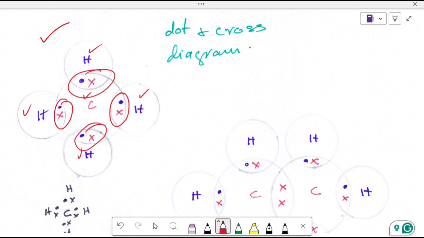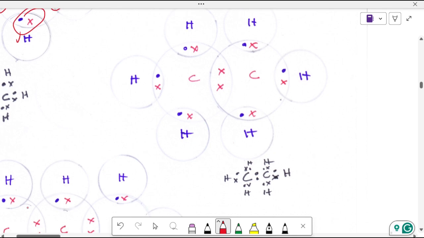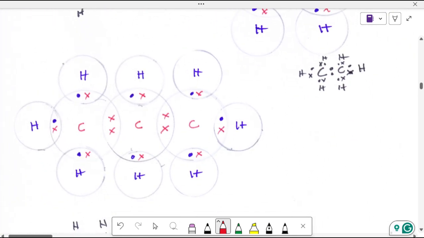So 4 single bonds. The same is with ethane, and then with propane. Between the 2 carbon atoms or 3 carbon atoms, you can see I have drawn crosses with the same color, which means that these 2 electrons come from the carbon atoms only. It does not involve any hydrogen atom.